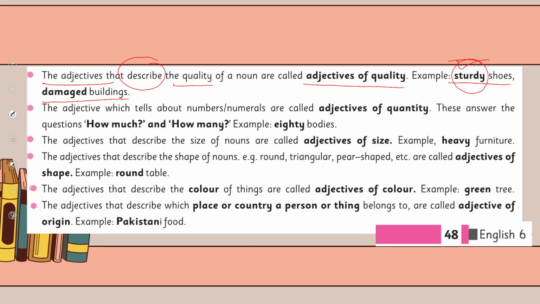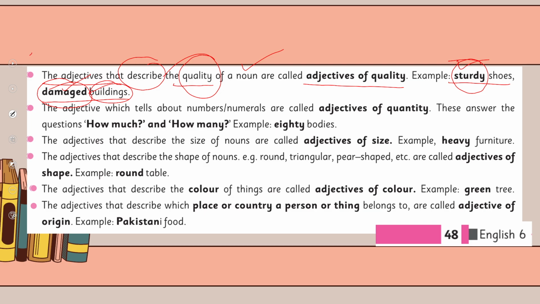The building, which is our plural noun, what is the quality of that? It is damaged. It is in a bad condition. It means the quality of the building is damaged. The building is not new, or the shoes are very sturdy. They are also not comfortable, etc. So these adjectives show the quality of our noun.